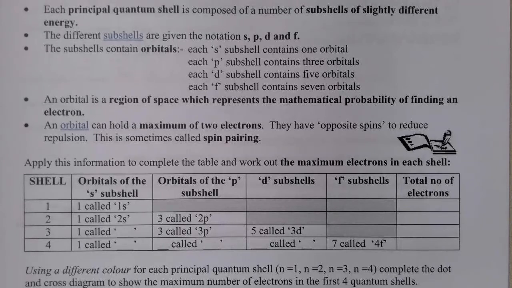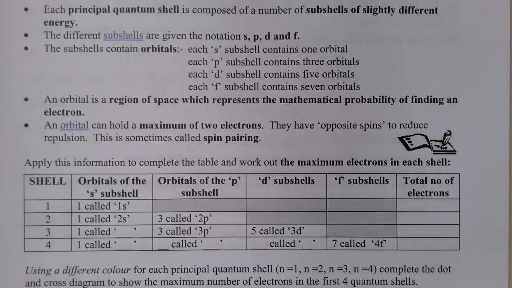It's not a certainty. Once you get onto the quantum level, things become very weird, and we cannot actually tell with any certainty where the electron is and how fast it's moving. So we talk about probabilities of finding an electron, rather than saying that that is definitely where the electron is.